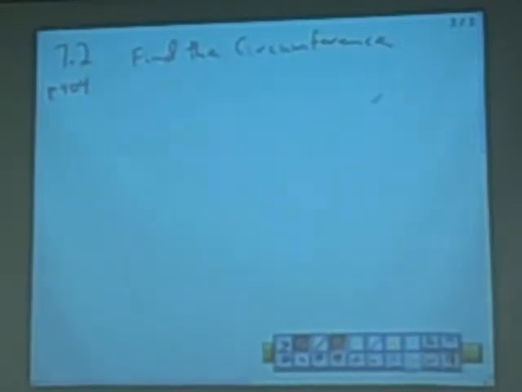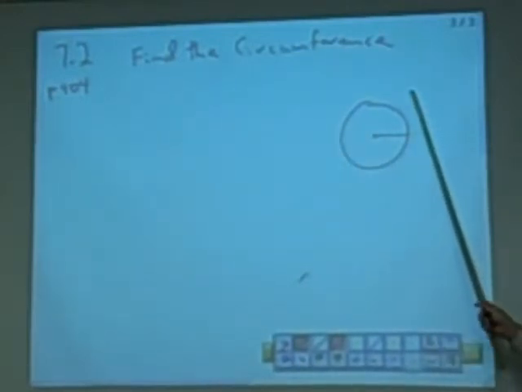Now, here we have a circle. The circumference would be, let's say we had a dog, a puppy, and we put that puppy on a leash, right?